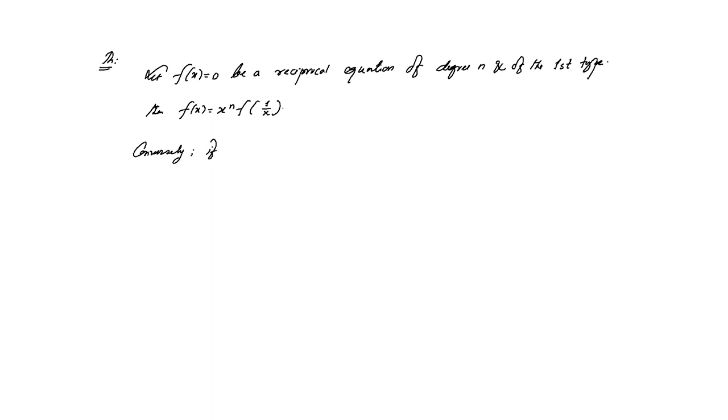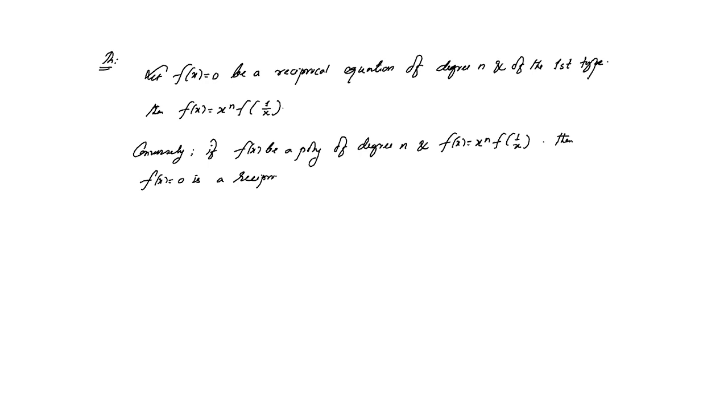Conversely, if f(x) is a polynomial of degree n and f(x) equals x to the power n f of 1 by x, then we conclude f(x) equals 0 is a reciprocal equation of degree n and first type.